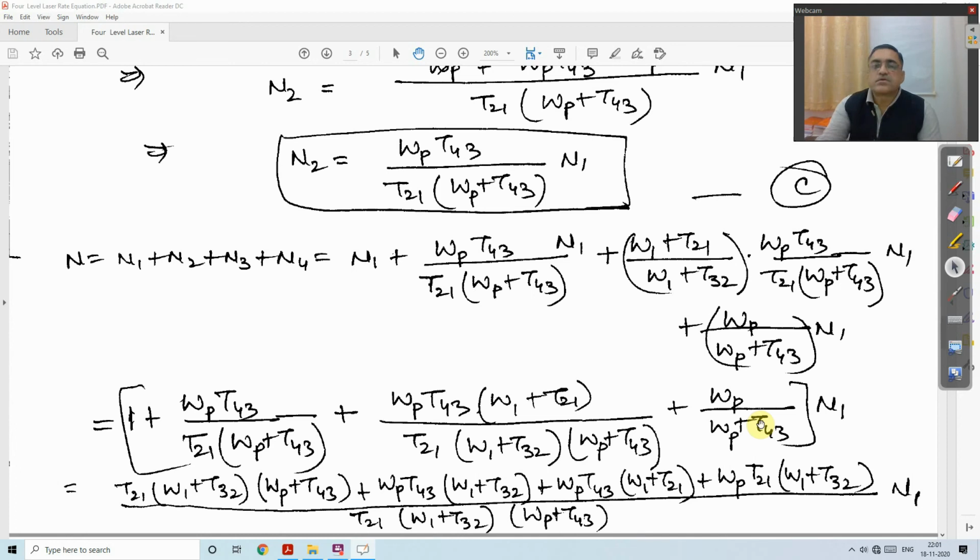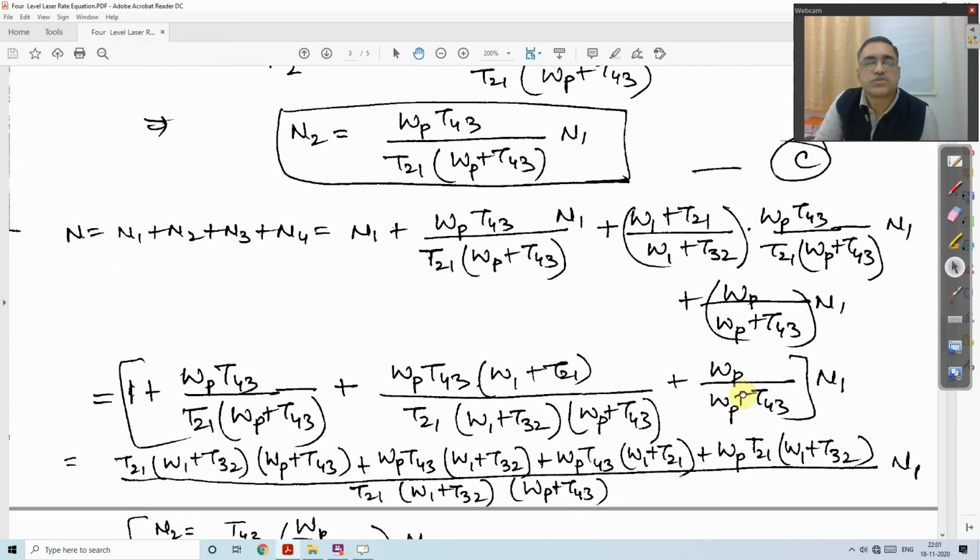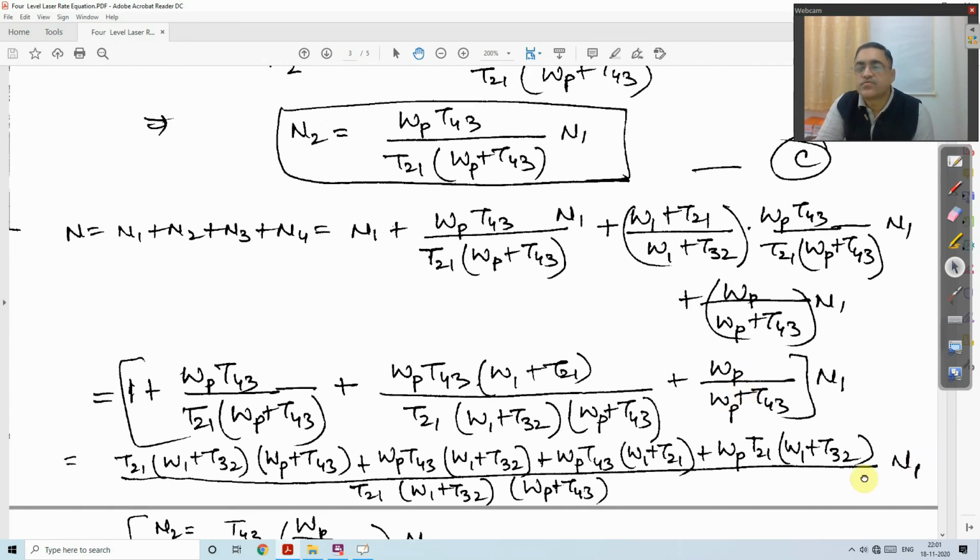N1 plus the term for N2, then the term for N3, and this is N3 in terms of N2. So we have substituted N2 in terms of N1, then you know the N4 in terms of N1. So it simplifies like this in terms of N1.